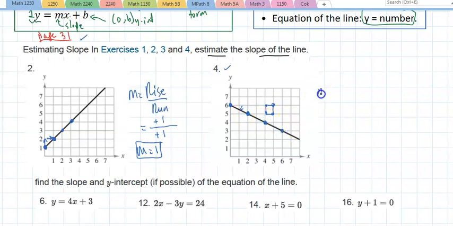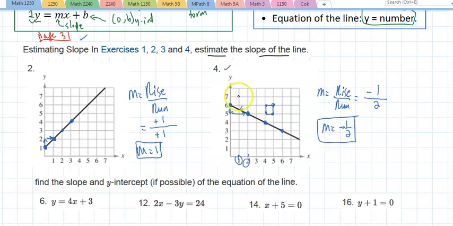So if I look at the slope, that is rise over run. I'm going to rise 1 unit, but I'm rising 1 unit down. Down is negative, and I'm running 2 units, right? This is labeled 1, 2. 2 units to the right. So the slope in this case is negative 1/2.